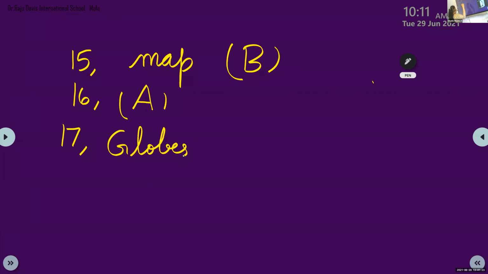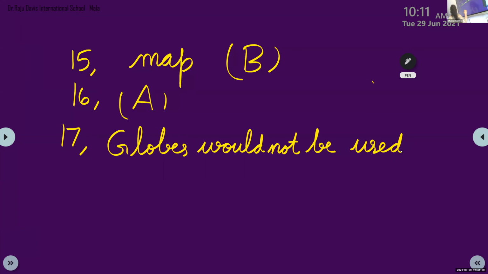Globes would not be used to represent it.